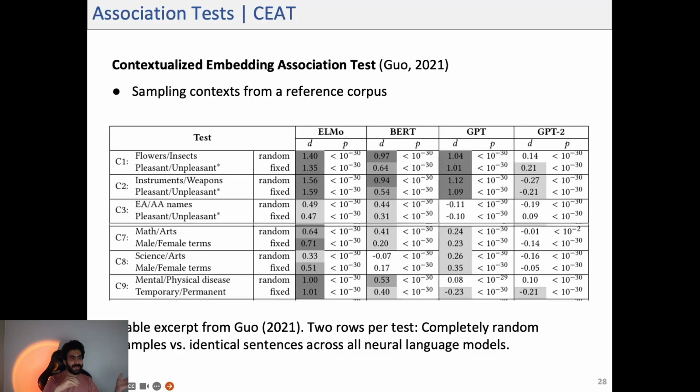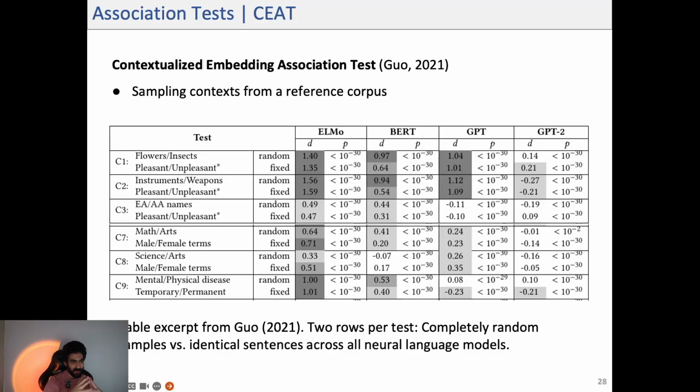So this is also with pleasant versus unpleasant. This test investigates racial bias, and notice how BERT and ELMo still show significant bias with high effect size d, while GPT and GPT-2 drop closer to neutral or even negative.